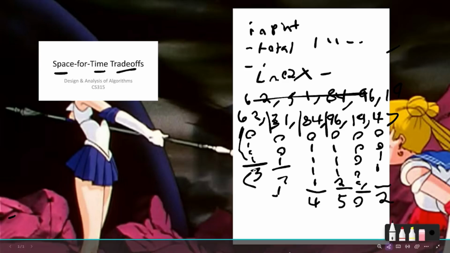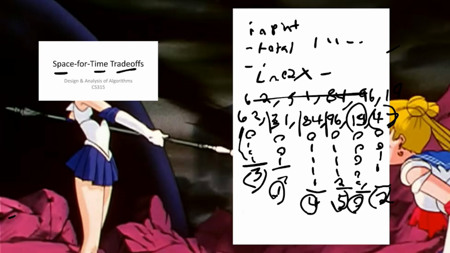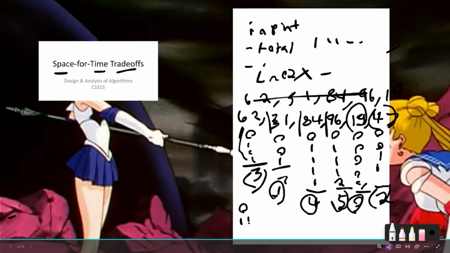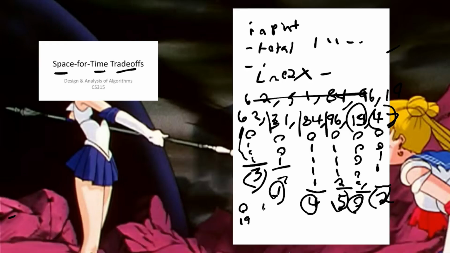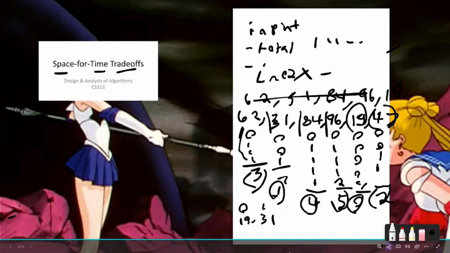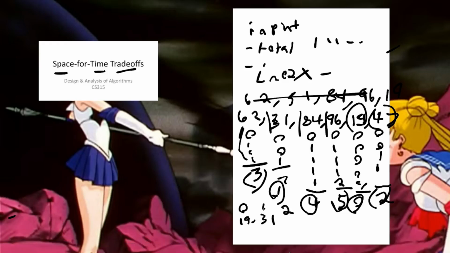Alright, so now each of these numbers here represent the index position of the corresponding values up here. So with this in mind, we know the first element, the 0 element, is 19. We know the second element is going to be 31. We know the third element is going to be 47.